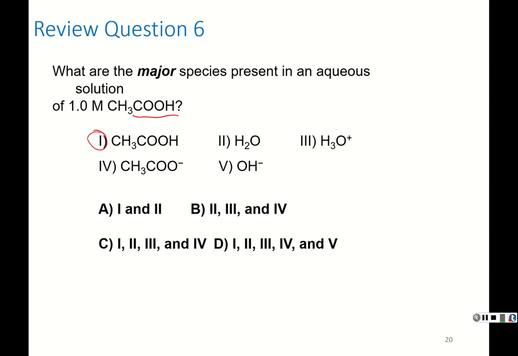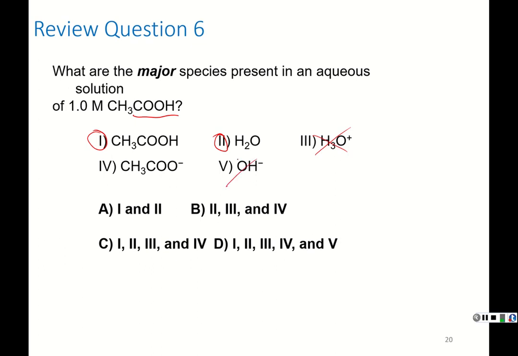So 1 would be present as a major species. Again, it's an aqueous solution, so water's going to be there. Being a weak acid, it is an acid. It's going to raise the H plus or hydronium ion concentration, but only slightly, right? Because it's weak. So this is not going to be a major species, although it will be there.